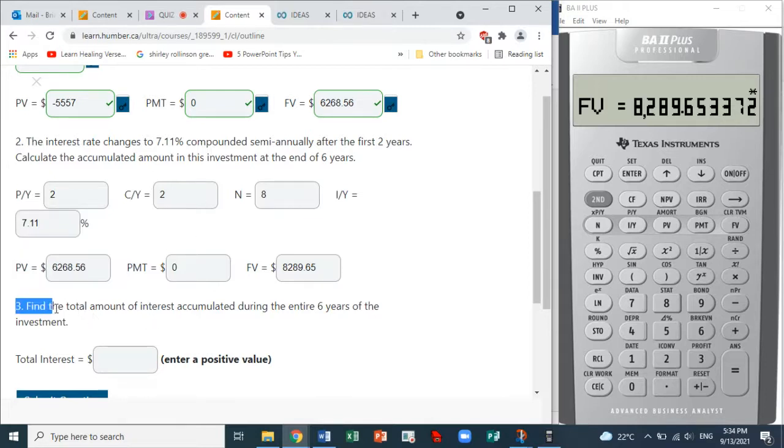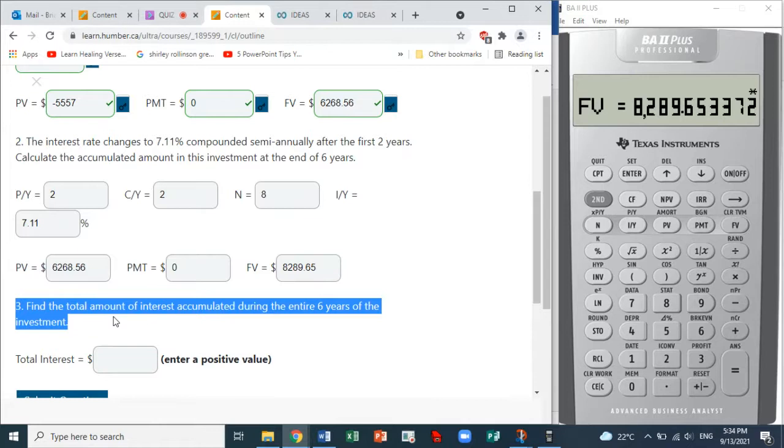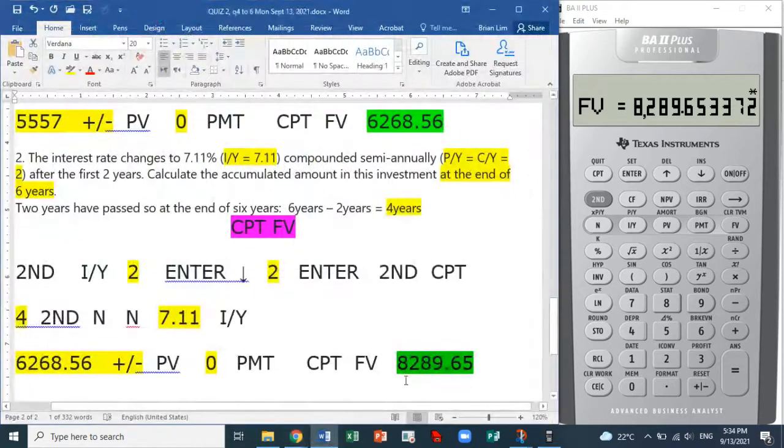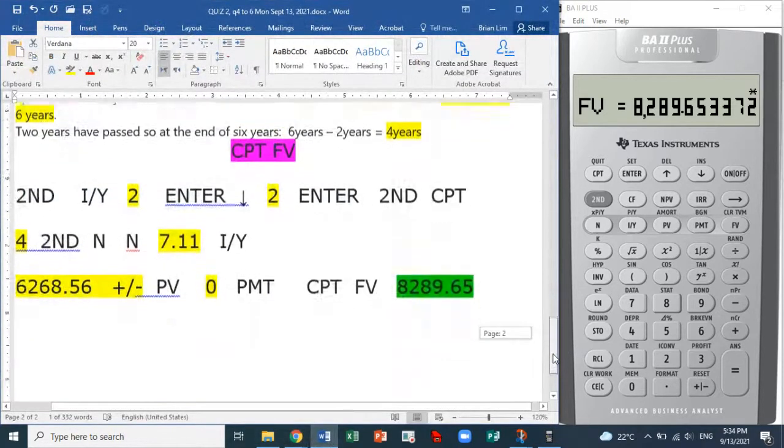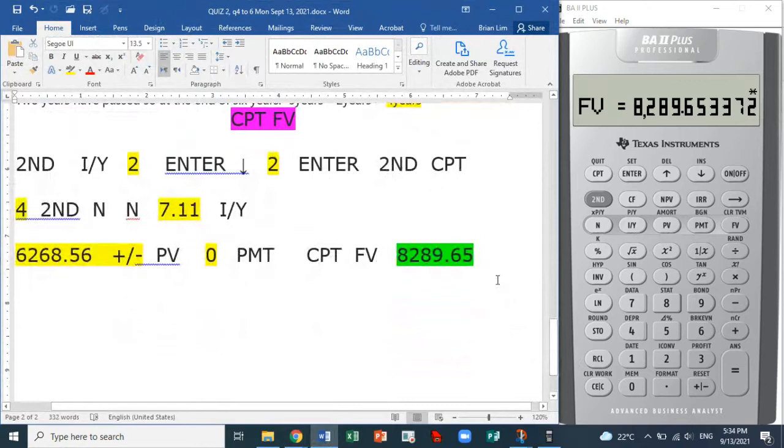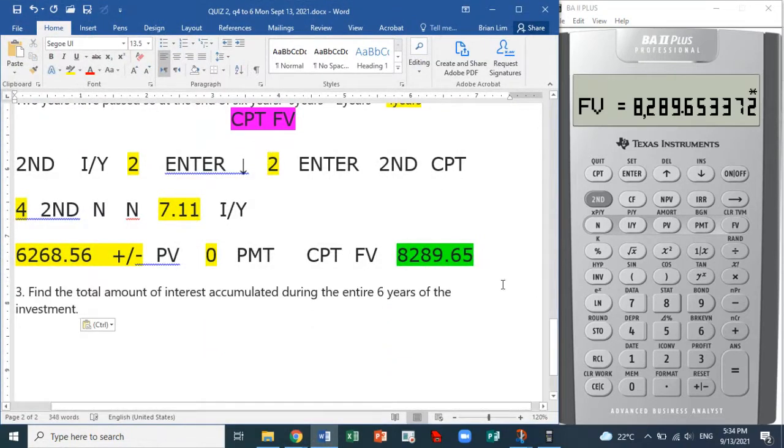Okay, let's do the last part. Find the total amount of interest accumulated during the entire 6 years of the investment. All right, so 6 years of investment. Let's go. We paste it in there. So the total interest would be equal to what?